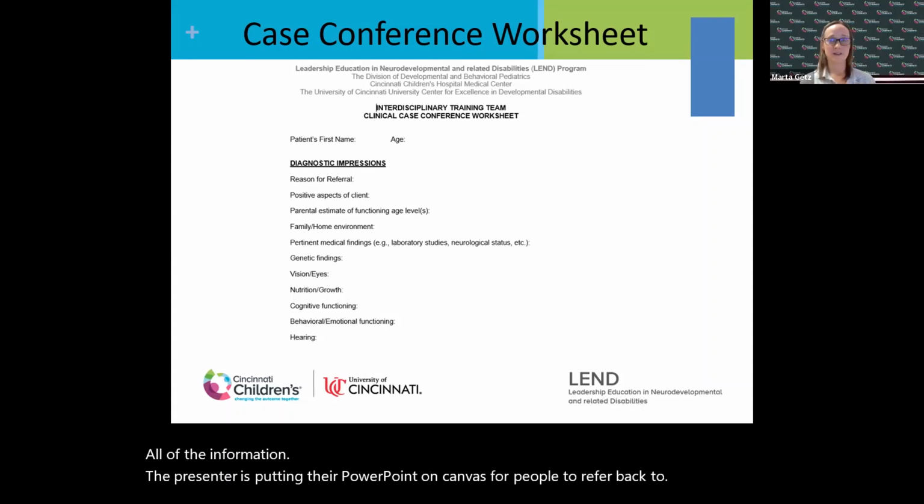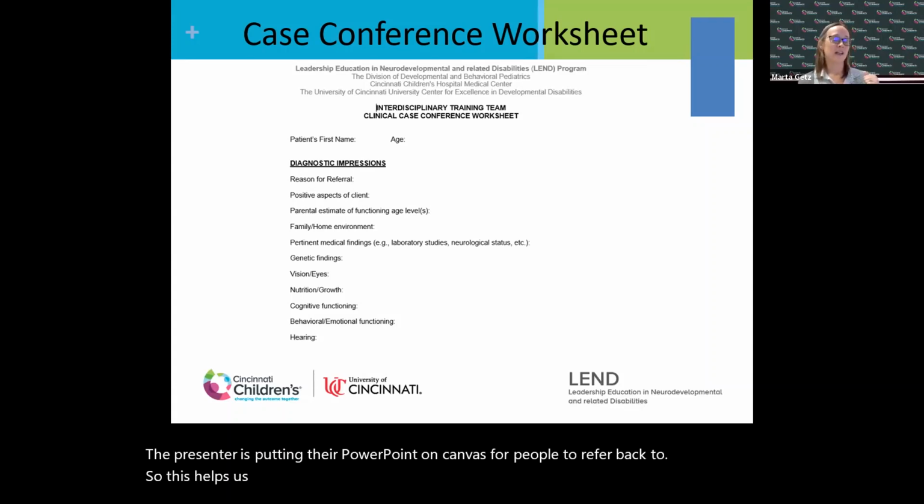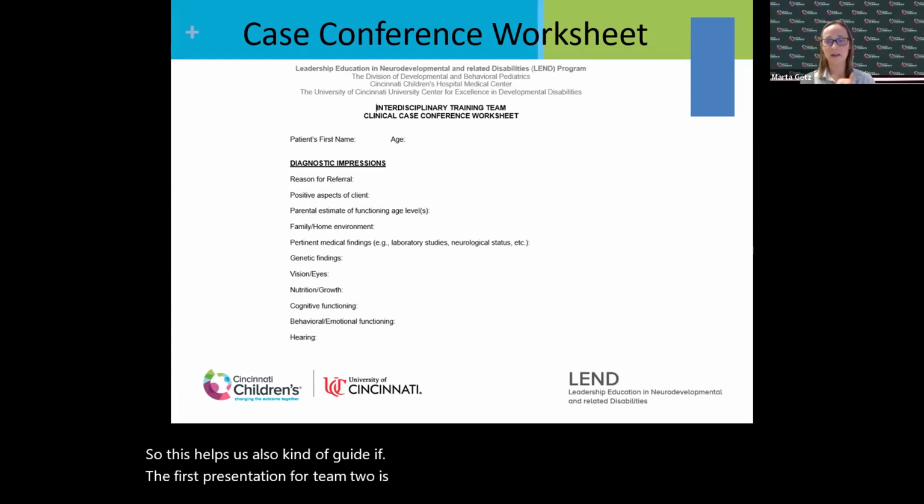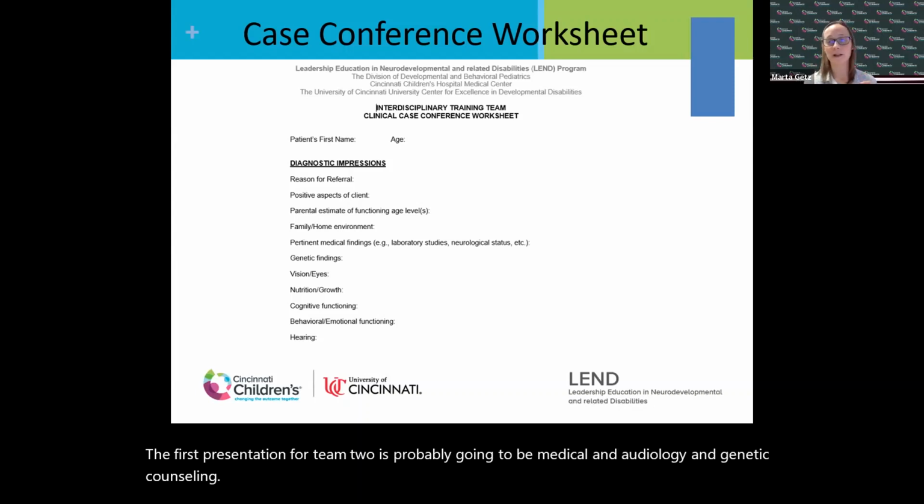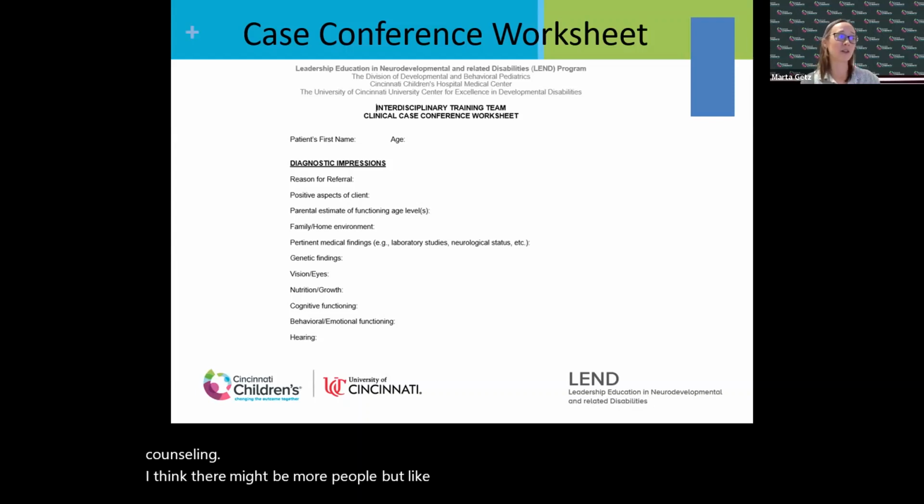So this helps us guide if the first presentation for team 2 is probably going to be medical and audiology and genetic counseling. I think there might be more people, but those 3, you can kind of go to those sections.